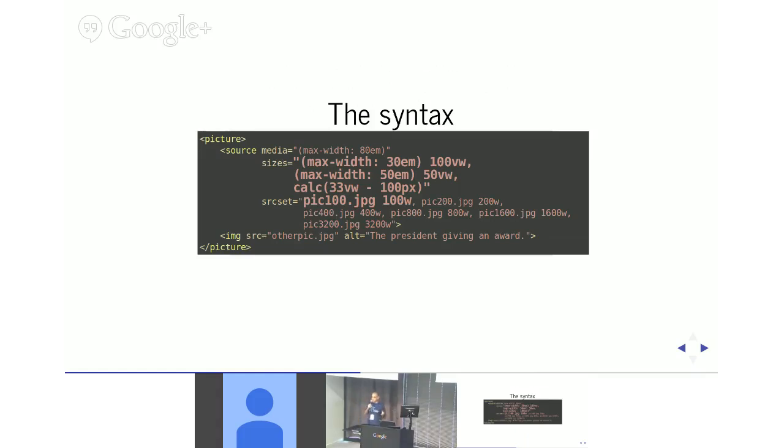And the browser can do the math itself and decide that if the viewport is of that size and I need half of that, this is the best image that fits my needs.